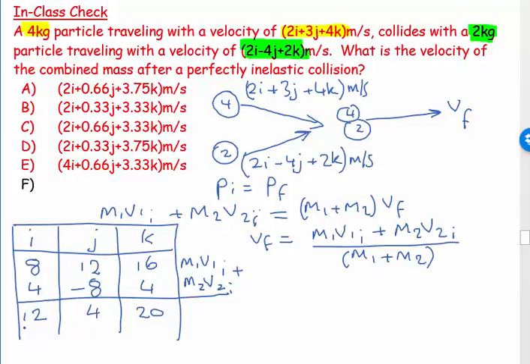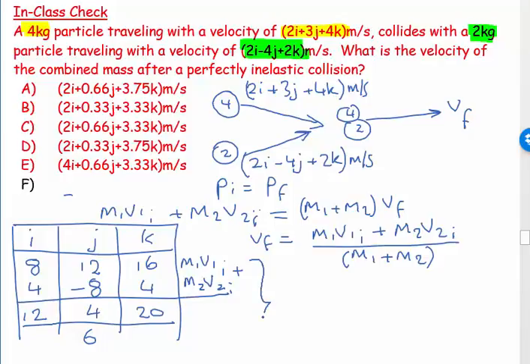So I take this and I divide it by m1 plus m2, which is 2 plus 4, which is 6. So this is divided by 6.